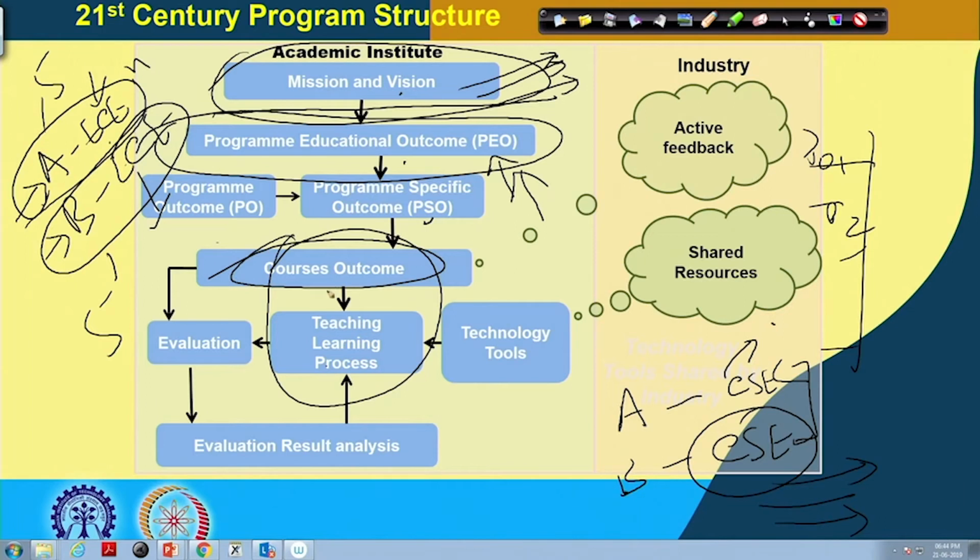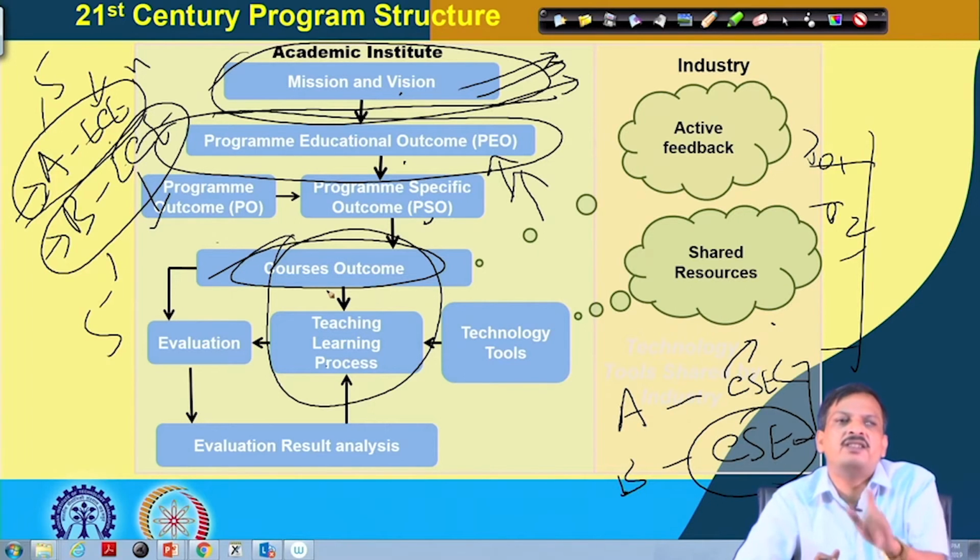Only seeing the course outcome, I cannot say that the program matches the accreditation requirement. Along with the CO, I should know what kind of teaching learning process is used in the class, so that I can ensure that the teaching learning process and course outcome together take care of the requirement of accreditation.